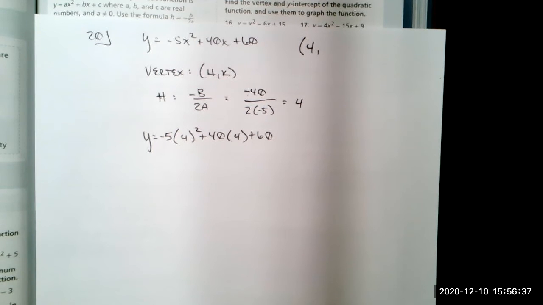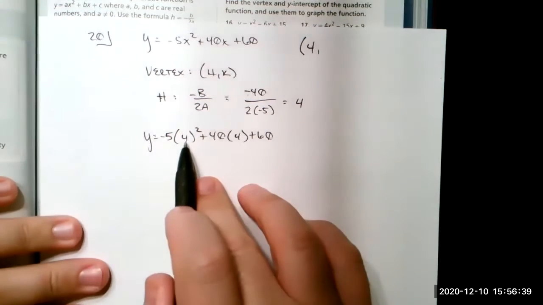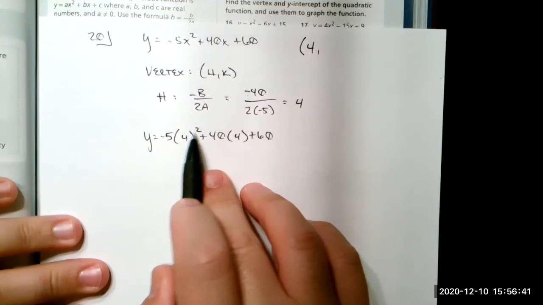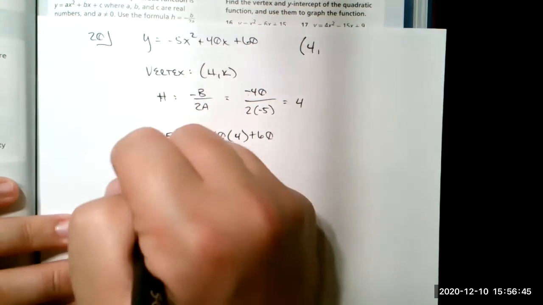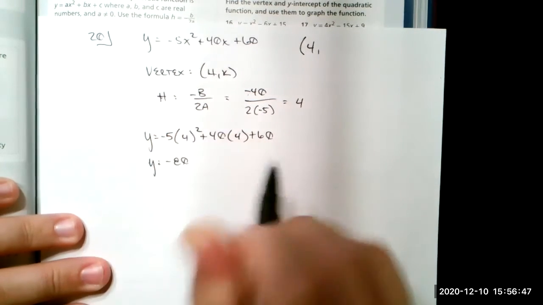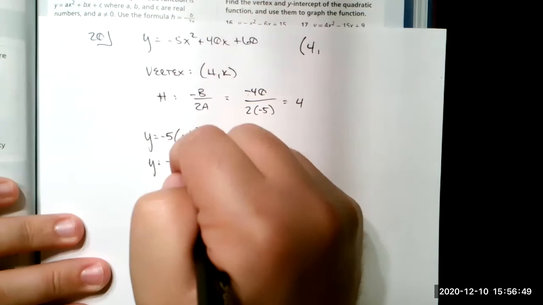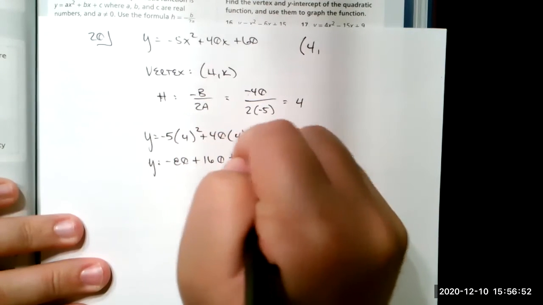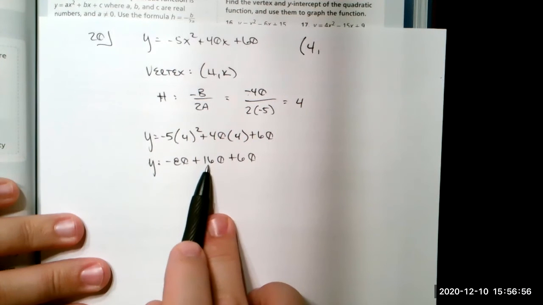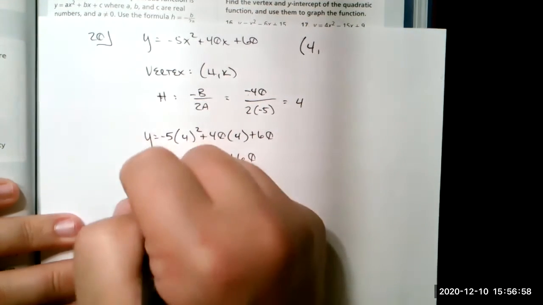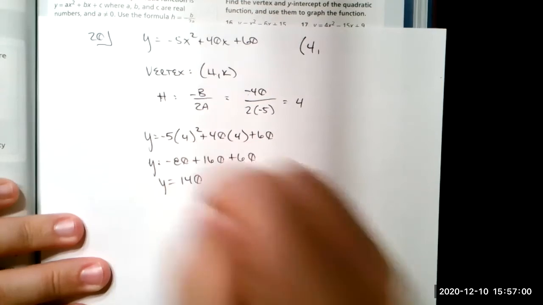You're more than welcome to grab a calculator if you'd like. 4 squared is 16. 16 times -5, what is that going to be? -80. 40 times 4 is 160. And now if I add from left to right, -80 plus 160 is 80. 80 plus 60 is 140.